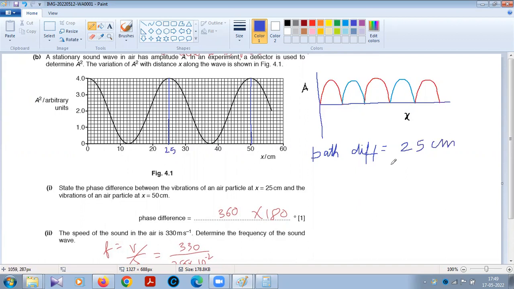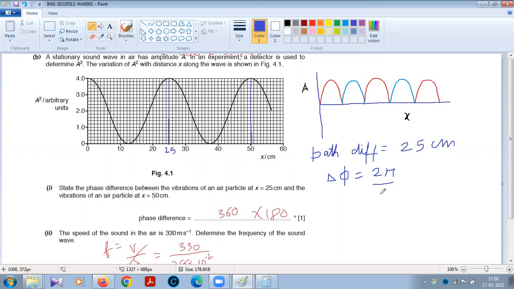centimeter. So phase difference delta phi will be 2 pi by lambda into the path difference. So lambda we will take what? Between one peak and another peak we take. But since this is just half of it, the original curve is like this, so it will be just double of this.